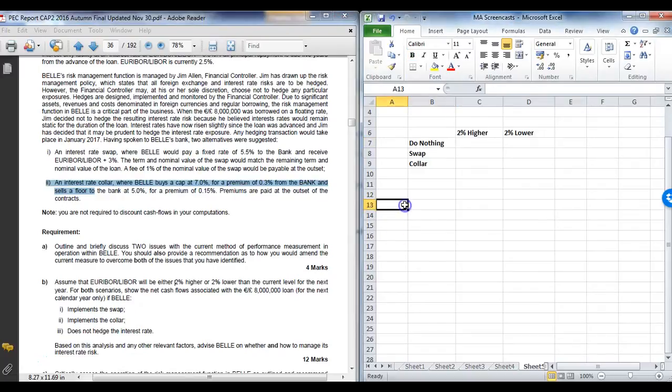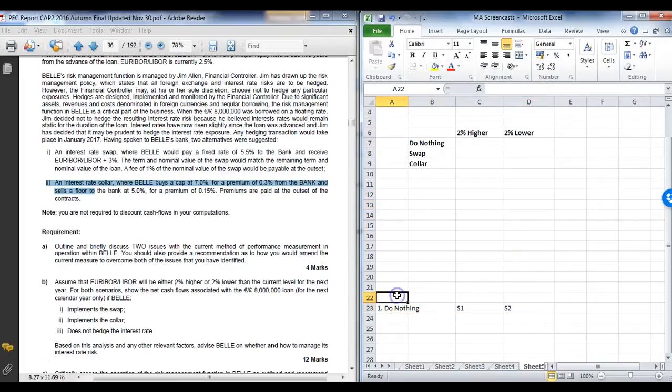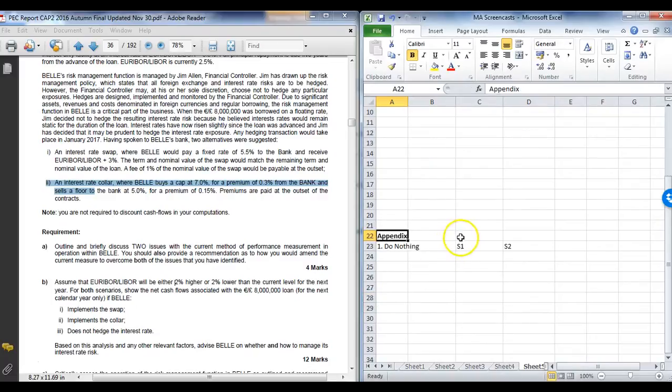So in this case, if we start with the do nothing, we have two different scenarios to look at. So we call them scenario 1, scenario 2. So imagine this is a new page, so we'll just bring it down so we have a bit of space. So we'll call it an appendix. And our do nothing one is literally we just take the interest rate that prevails in both scenarios.